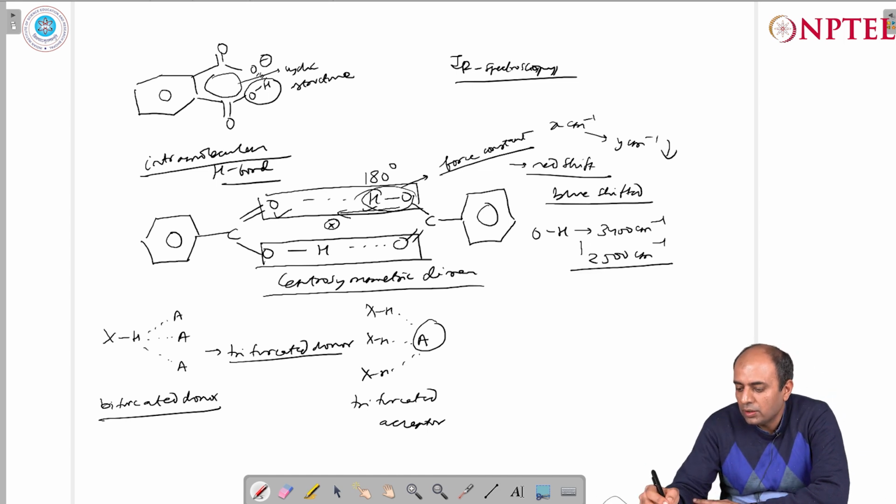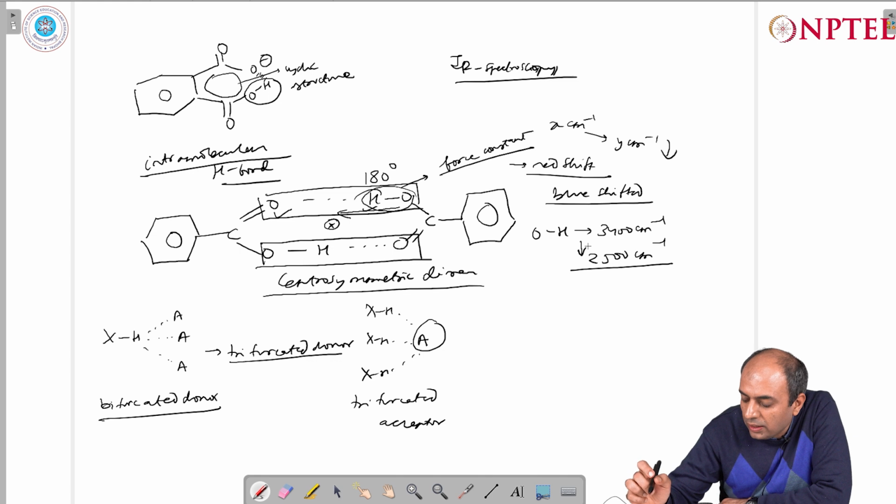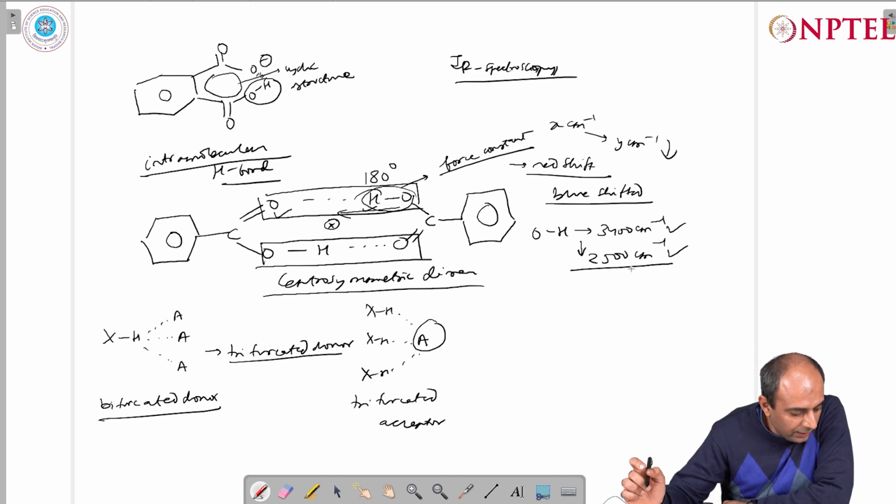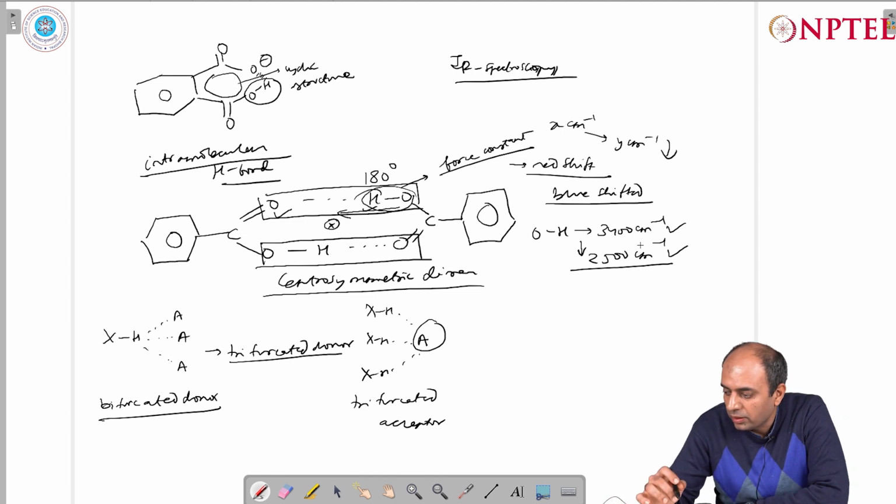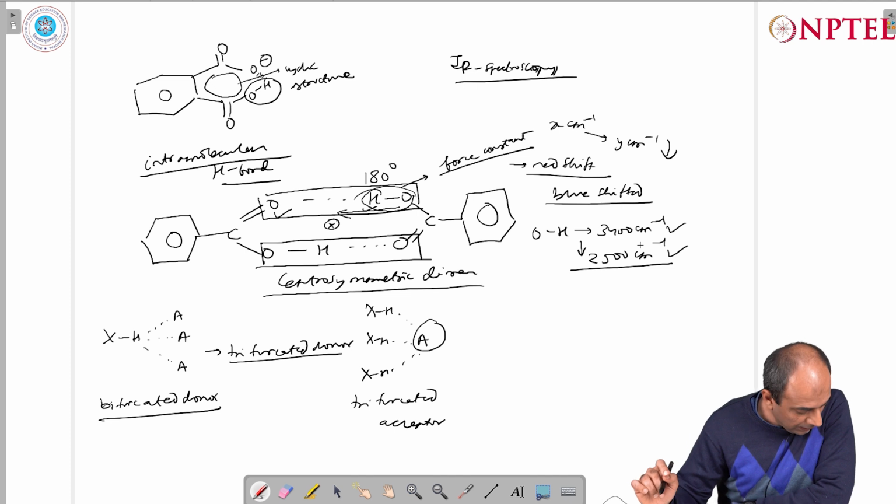So there is a lowering in the stretching frequency right away, you can see, of the OH group compared to the gas phase value. This kind of change in the stretching frequency is a measure of the fact that the formation of hydrogen bonds results in red-shifted hydrogen bonding.